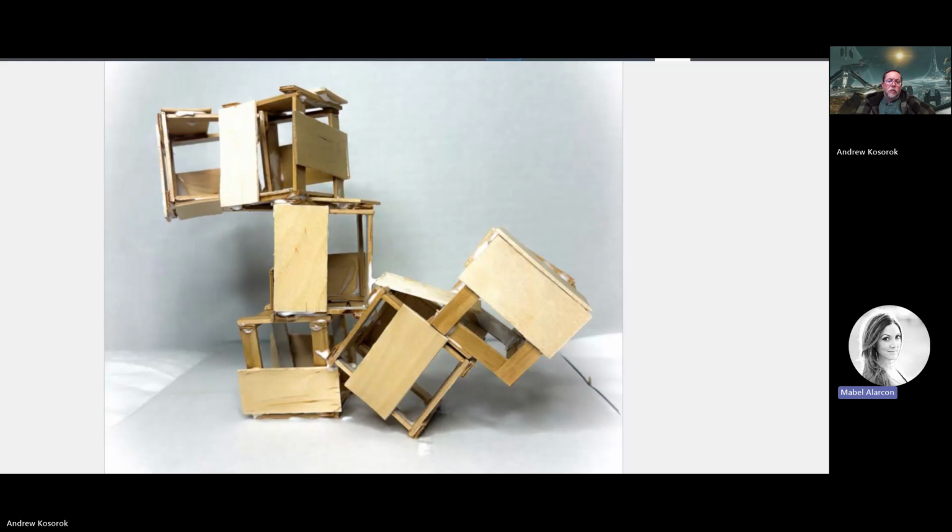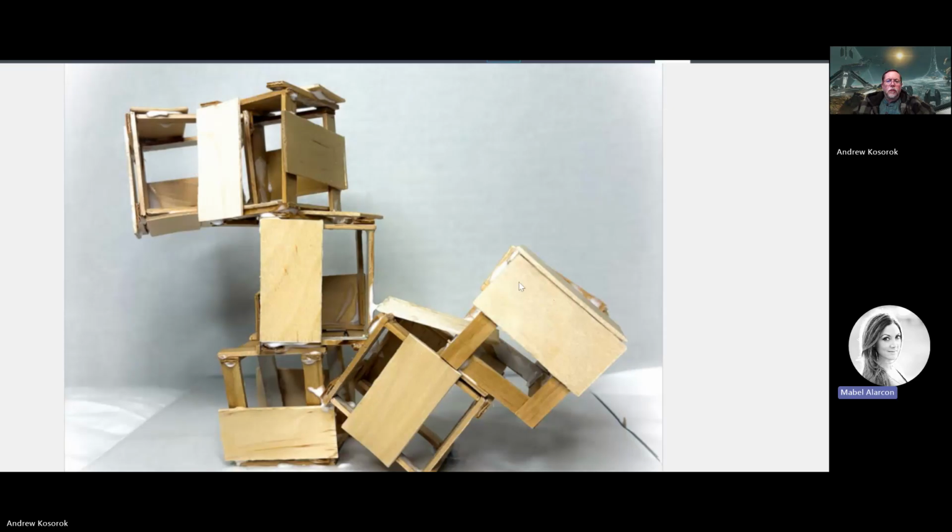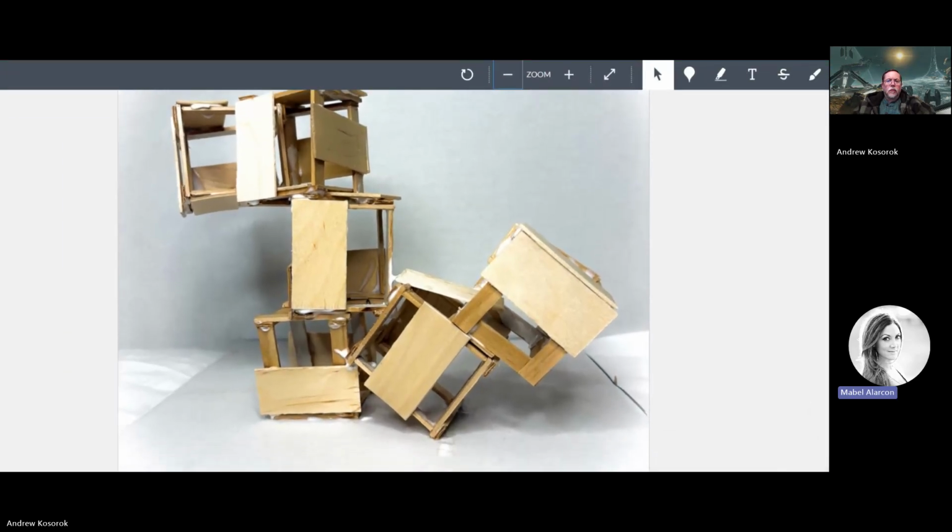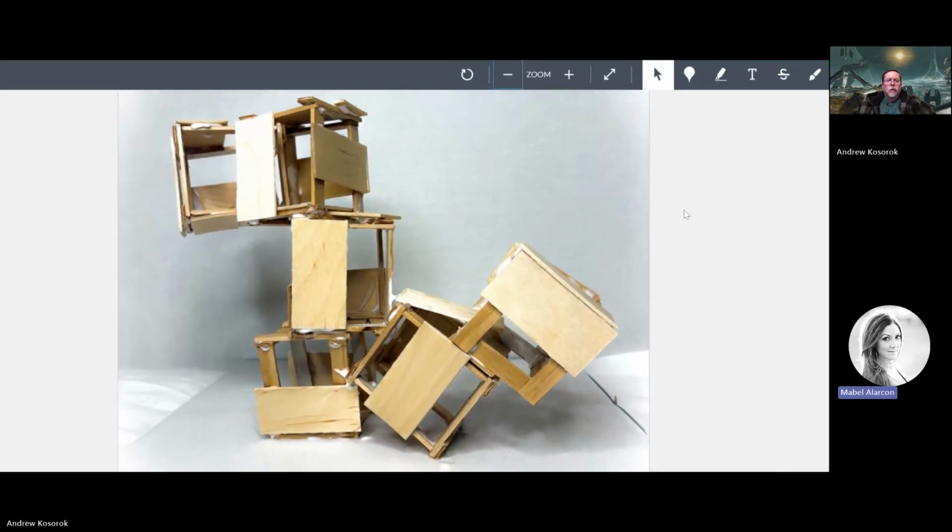But I did understand, based on your last meeting, that it was important to satisfy the assignment's requirements: each module to be recognizable, the scheme balance, and the location. So I took those three important points and tried to make them work in the project.